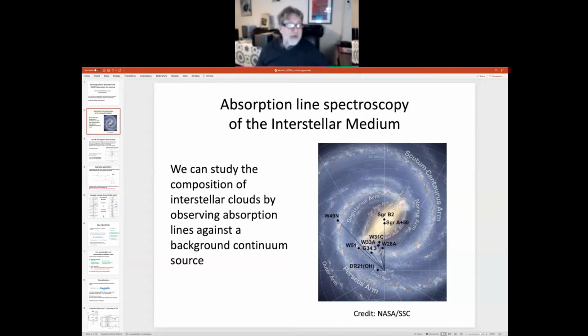And because of the differential rotation of the galaxy, these spiral arms are shifted in velocity, and therefore, because of the Doppler shift in frequency, it is possible to observe multiple different clouds along a given sight line.